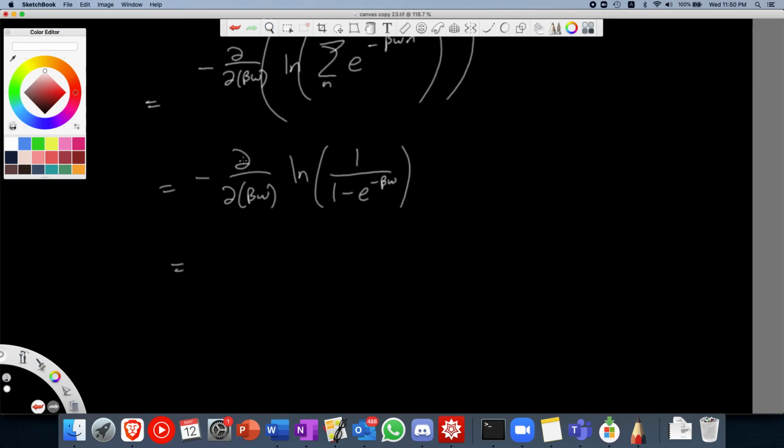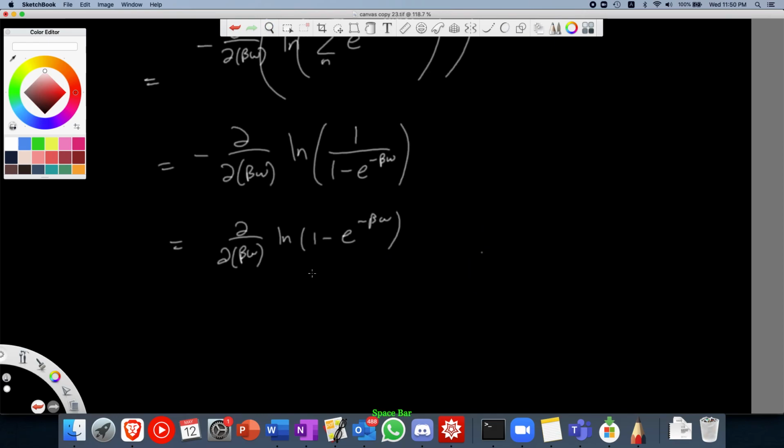Ln of this thing minus ln of that thing, so it is the partial derivative with respect to this of ln of 1 minus e to the power minus beta omega. Then we take the derivative, which doesn't give us beta omega, it gives us plus e to the power minus beta omega.